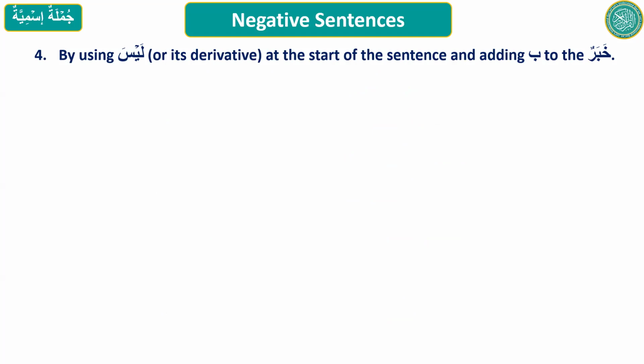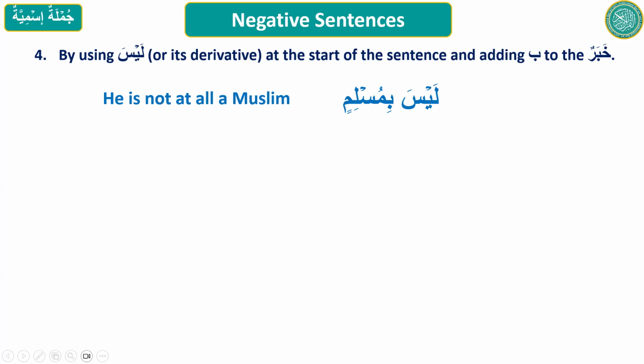So very similar to ma, right? Using ma was the first method, then ma plus ba, then the third method laysa, and now we are going to use laysa plus ba. So again, laysa bi muslimin, like ma huwa bi muslimin, laysa bi muslimin. So we added laysa and added a ba. So it makes a similar change in meaning as well.